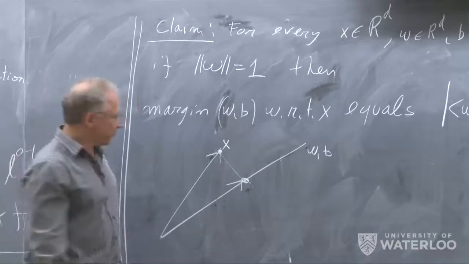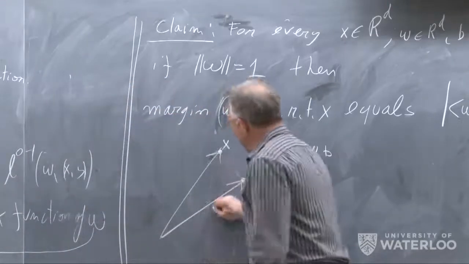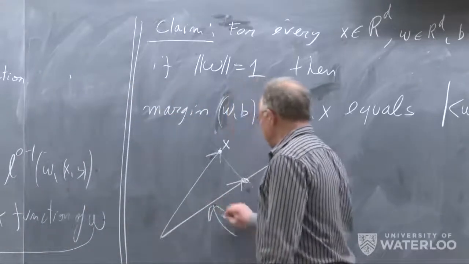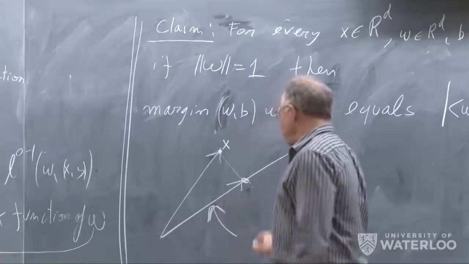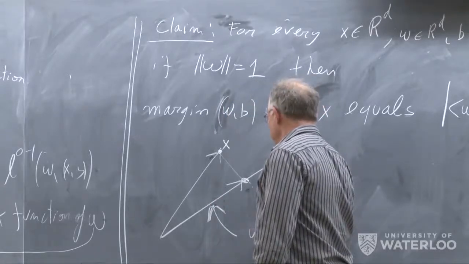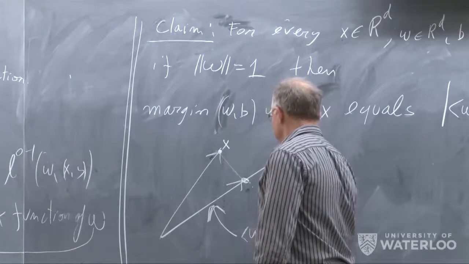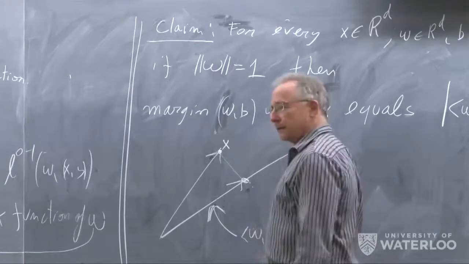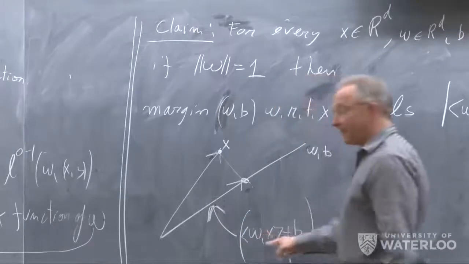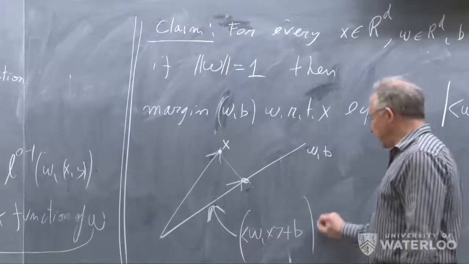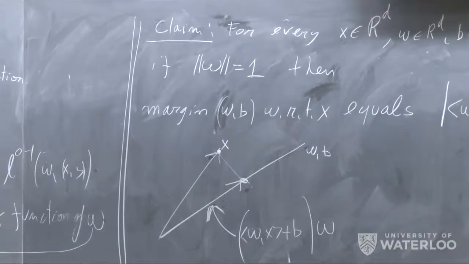The projection is this vector w dot product x plus b. This is just a number, and I take this number along the direction w. That's the projection.